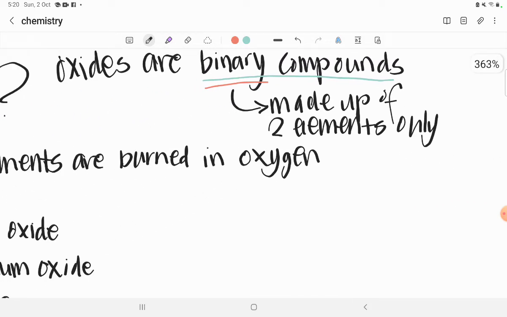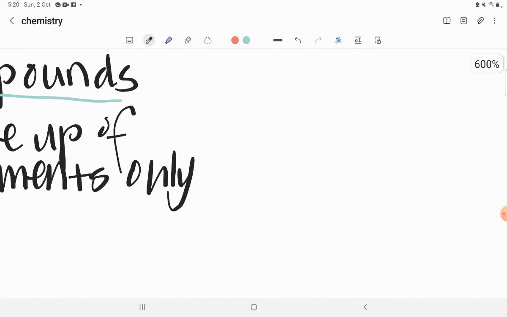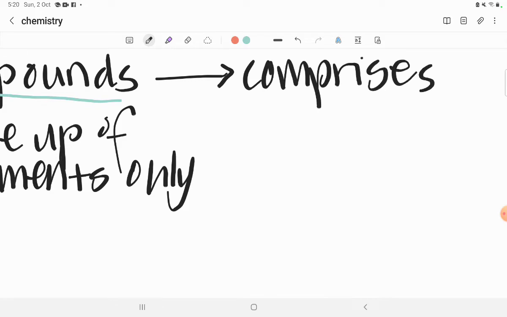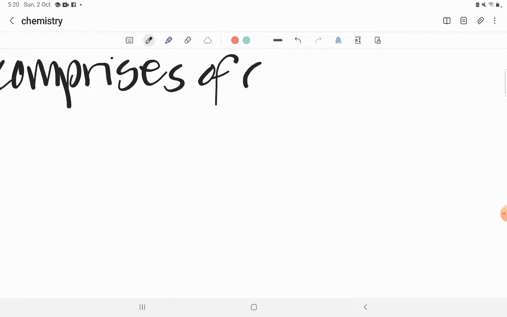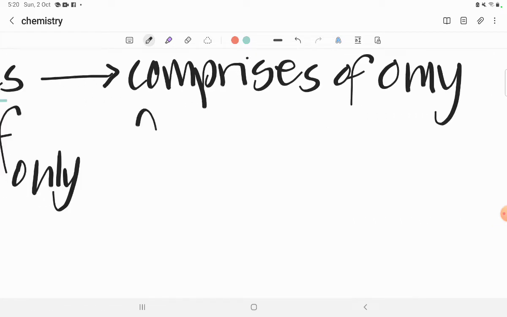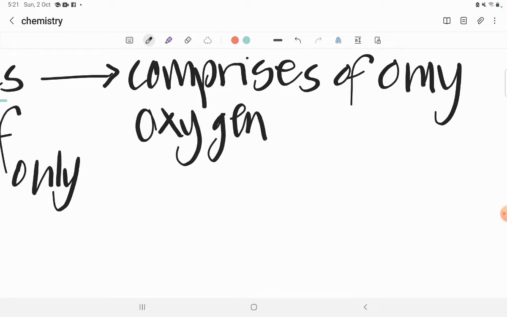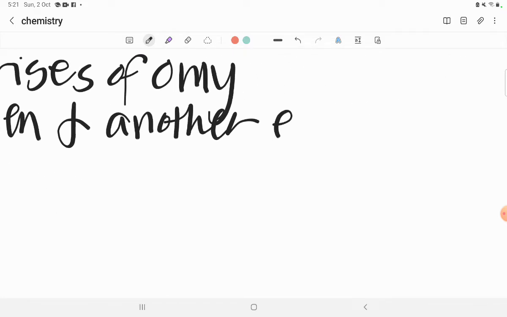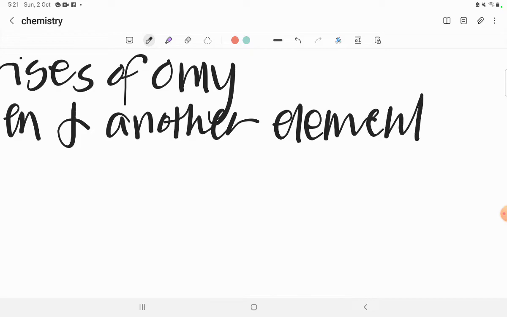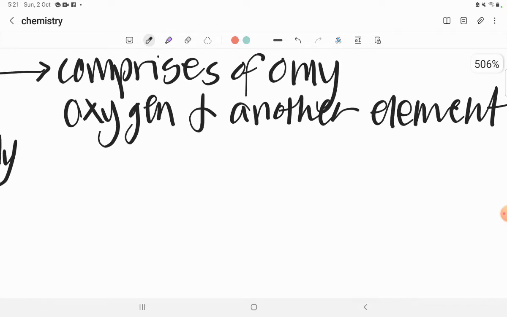And oxides are binary compounds which comprise only oxygen and another element. So oxides are basically one element and oxygen, and it's only these two elements. There cannot be hydrogen, there cannot be carbon, there cannot be anything else.